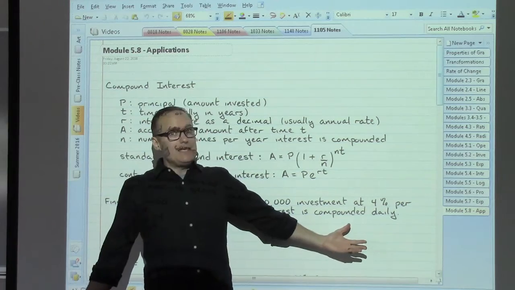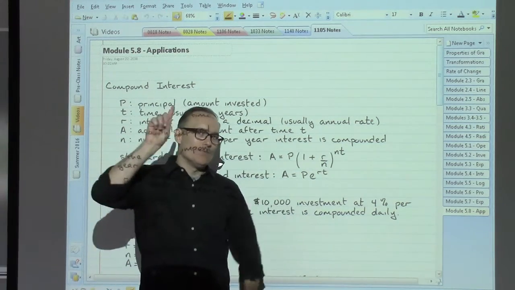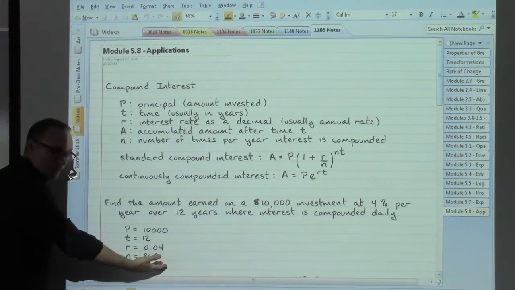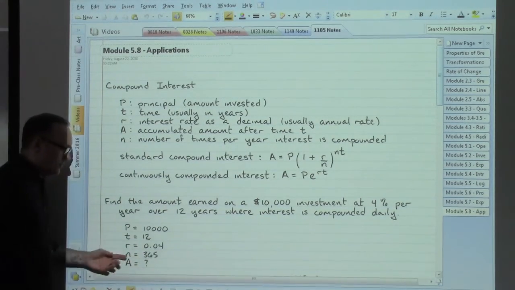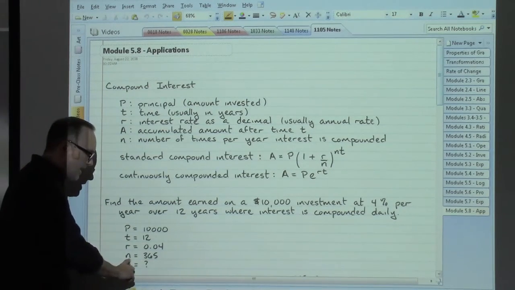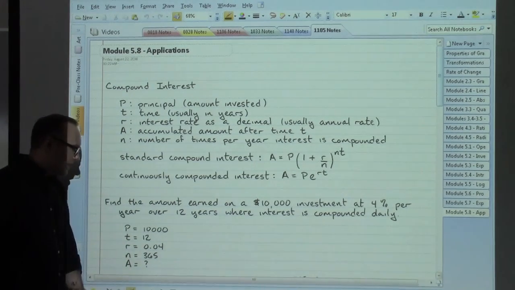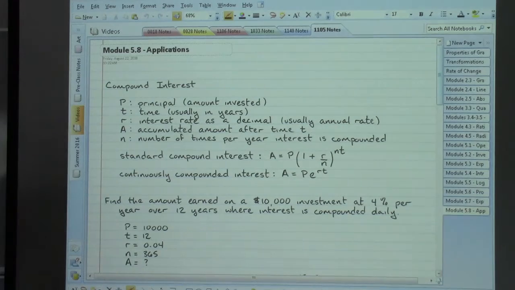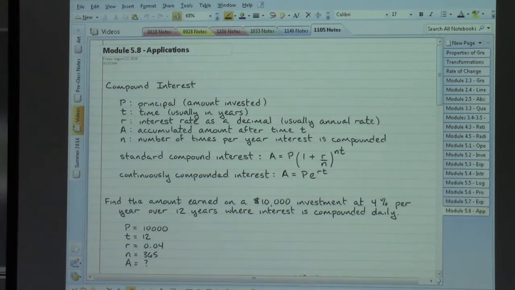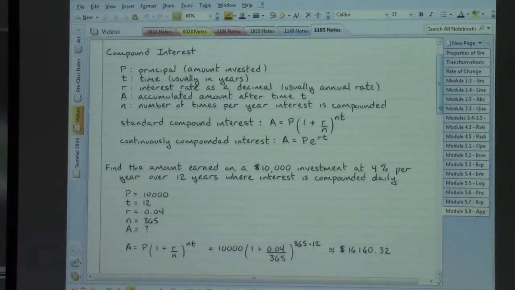How many days are in 1 year? 365. So the number of times per year that we get interest, N, is 365. We can put those numbers into our formula, and this is just, as we call it in the math biz, plug and chug.